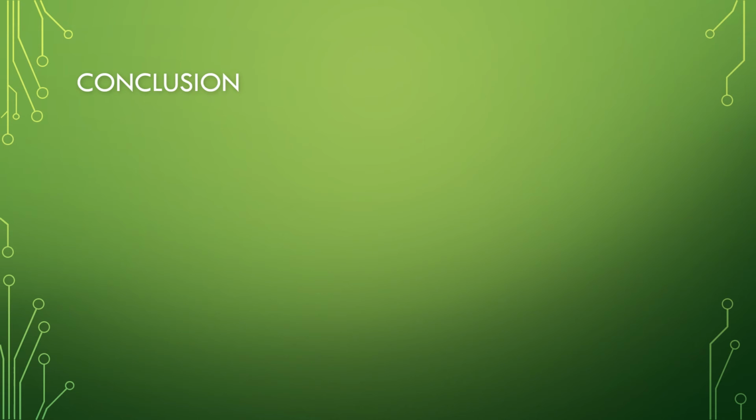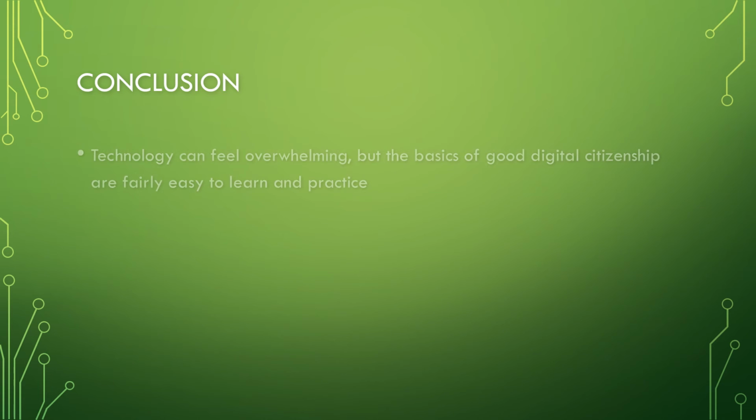So, to summarize a few of the key points and bring this to a conclusion, what have we learned from all this? Well, technology can feel overwhelming, especially if you're trying to learn how to use different forms of social media you've never used before, or different kinds of technology and devices that you are just learning for the first time.